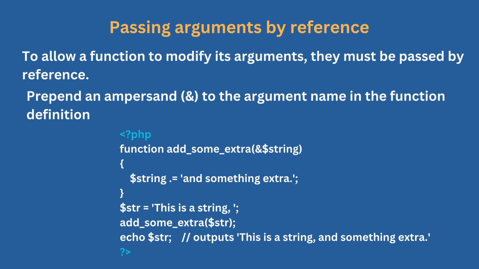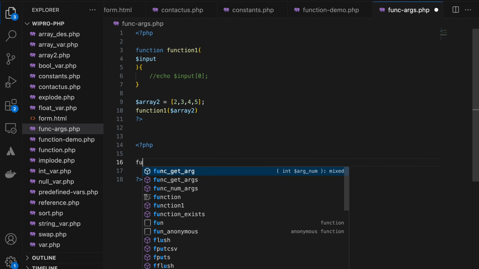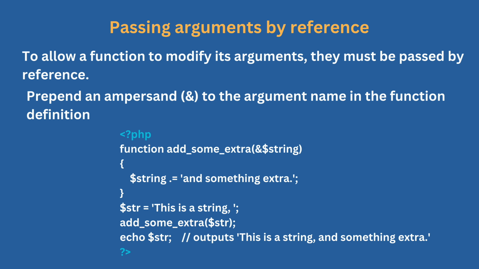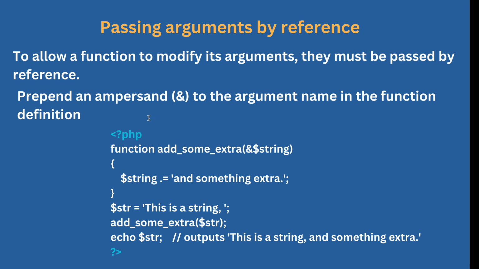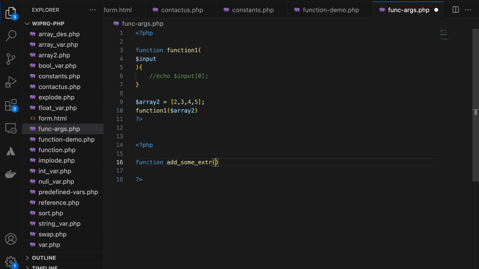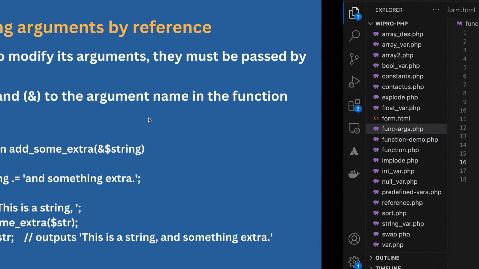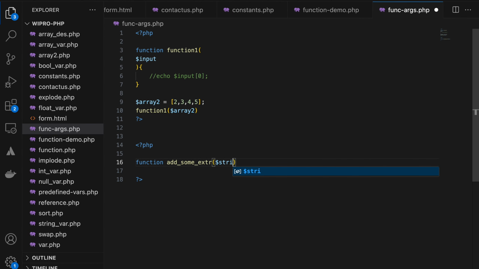What is the example? Function add_some_extra, it takes an argument, $string, whatever the string, right?